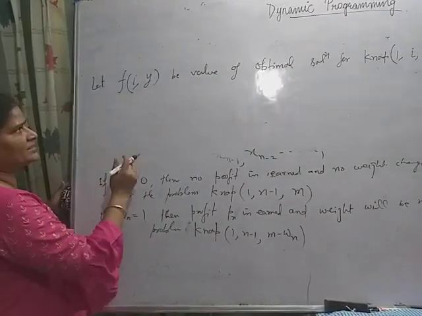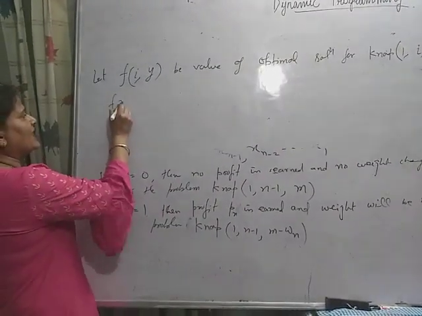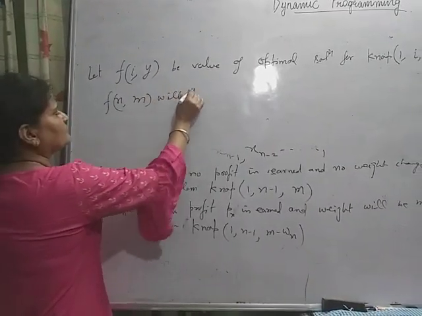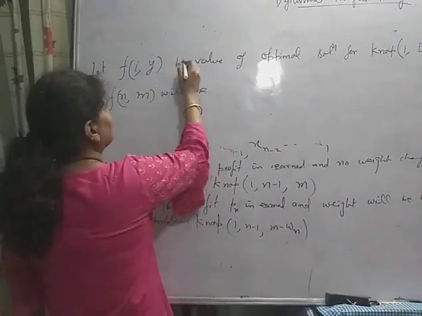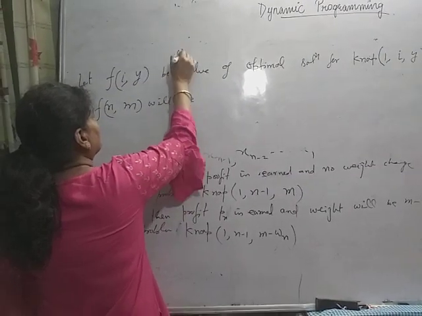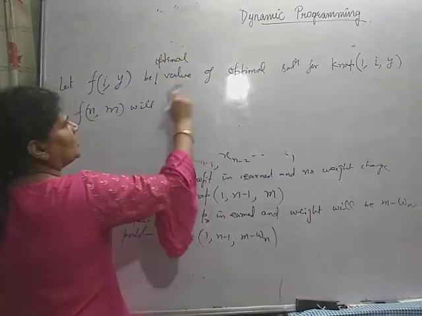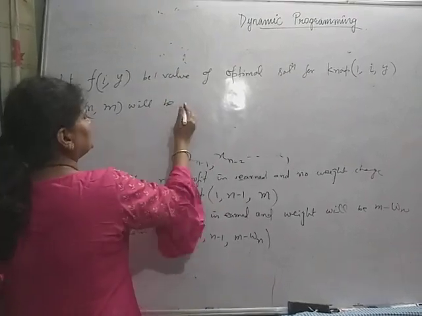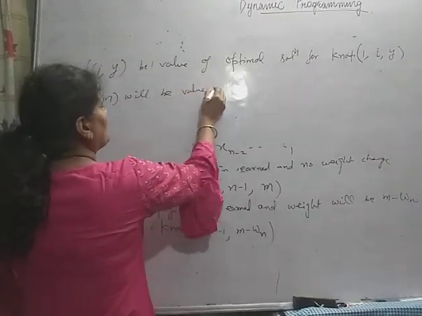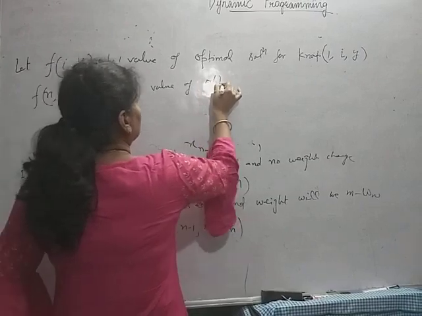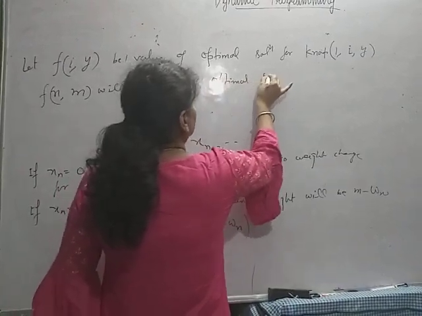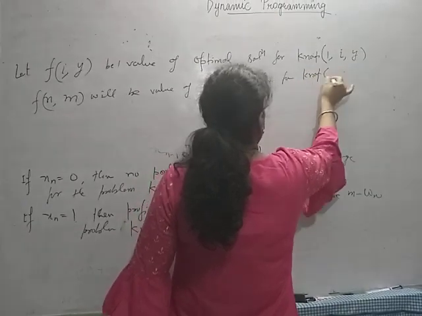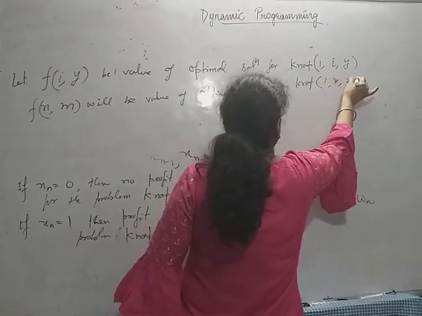So Fnm will be the value of the optimal solution for knapsack 1 to n and m.